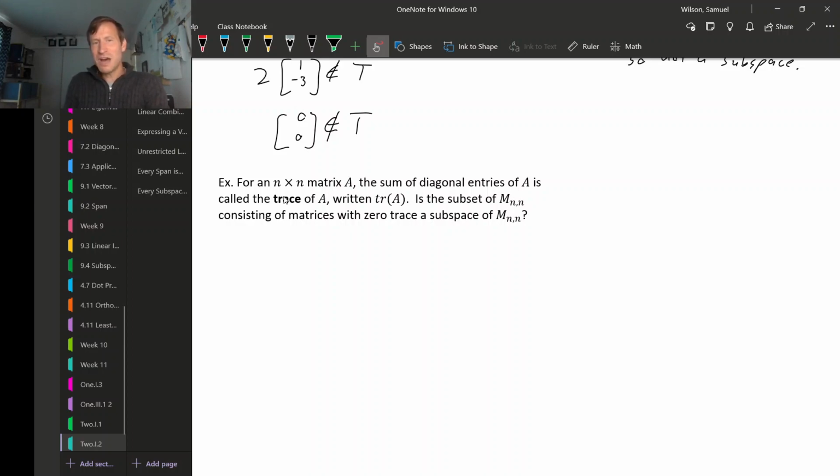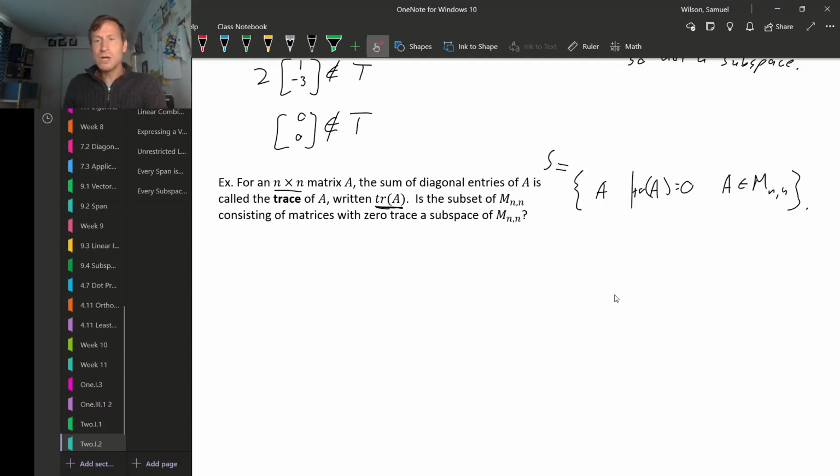If you have a square matrix n by n, then if you add up its diagonal entries, that's called the trace of the matrix, which is written tr of A, like this. So this time our subset S is the collection of matrices A where the trace of A is 0, and of course A is in n by n matrices.